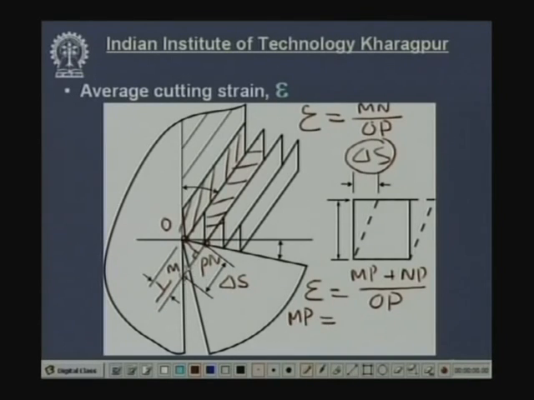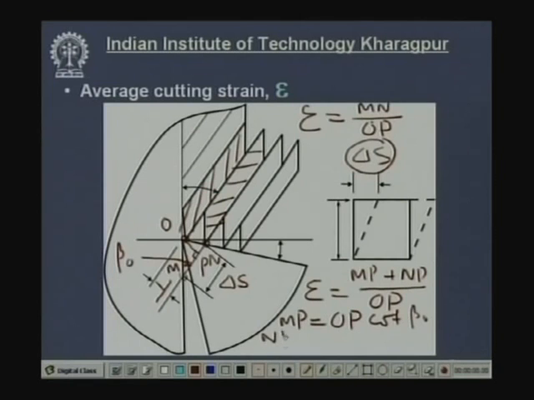MP is equal to OP, this angle is beta, so cotangent beta.